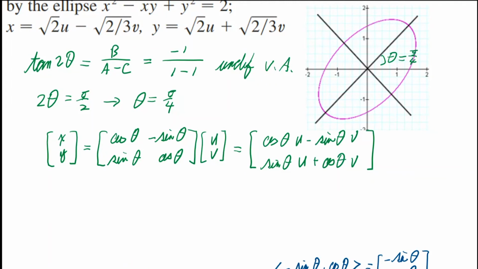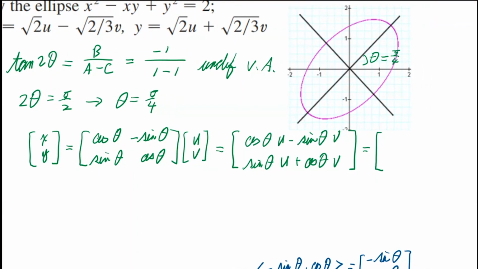So at 45 degree rotation, let's see if we really get this back. What's cosine 45 degrees? 1 over root 2.